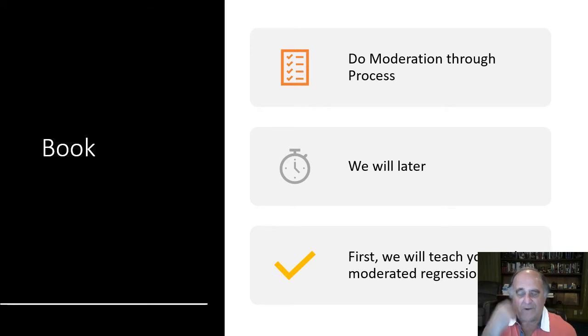And also, I would say not all interactions are moderations. We'll be getting into that. Although certainly Hayes's PROCESS model can handle pretty much any kind of regression that you're doing. So our approach is going to be to teach you moderated regression first, sort of the old-fashioned way, and then to teach you how to do moderated regression using Hayes's PROCESS.